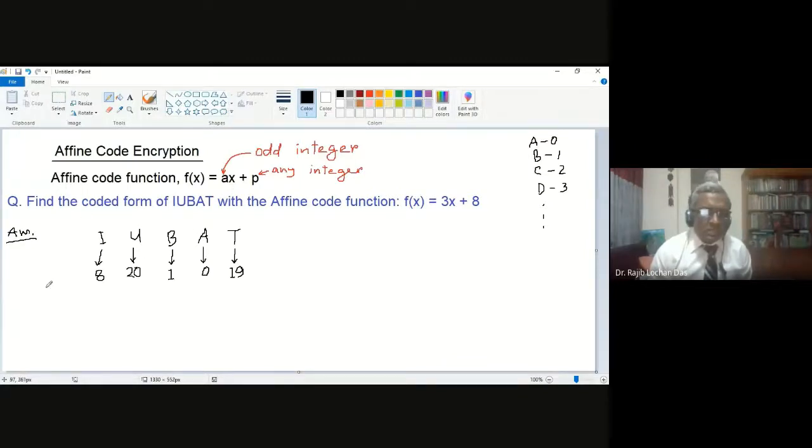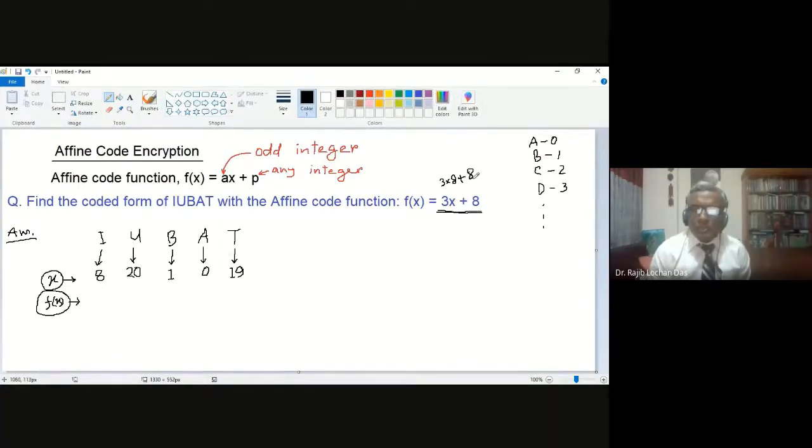This is actually your x, and you are now going to f(x). So if you do the calculation for f(x), that will be 3 into 8 plus 8, because our a is 3 and p is 8. You can show the calculation, or you can directly put down the value.